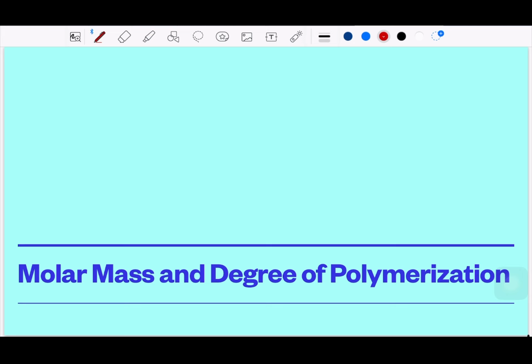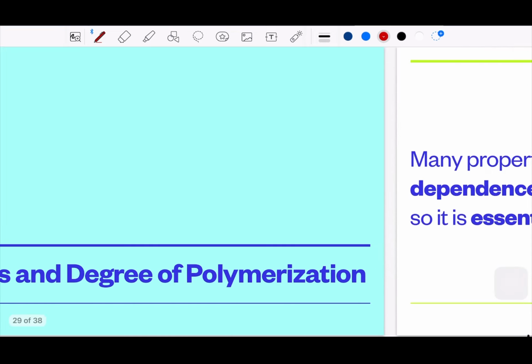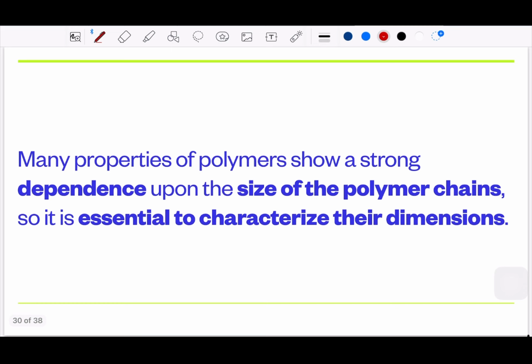Next is the molar mass and degree of polymerization. As I mentioned, the size of the polymer chain is really important.